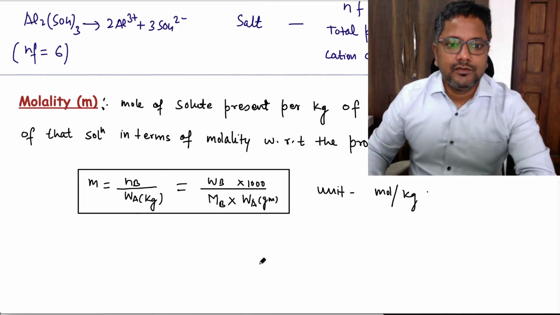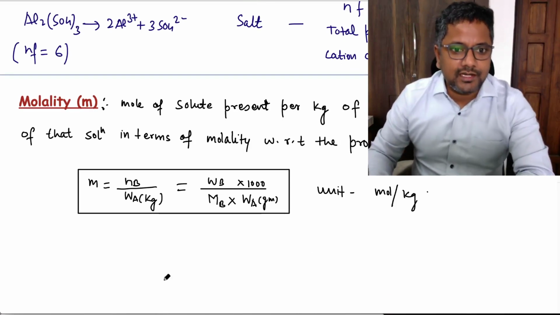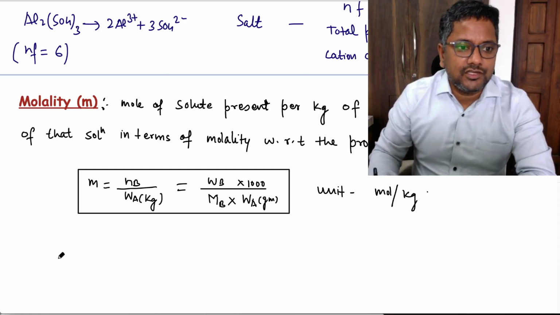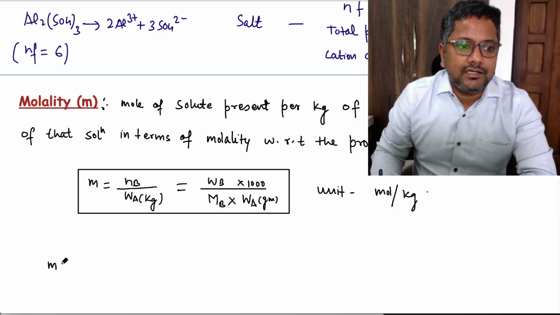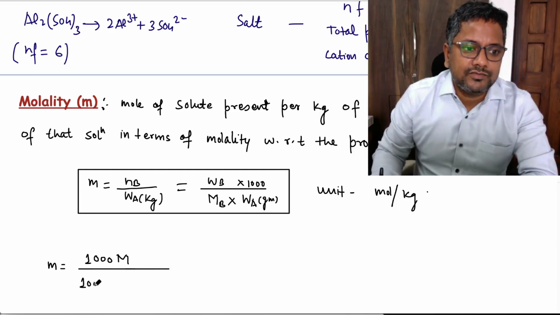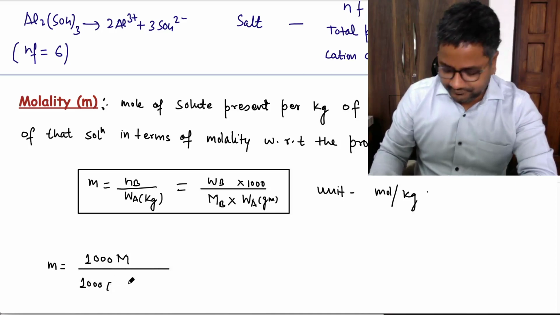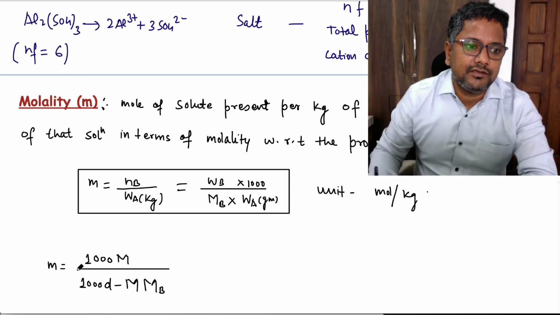What is the relation between normality and molarity? You can write a relation between molarity and molality. Molality is equal to 1000 into M, where capital M is the molarity, divided by 1000 D minus M into MB.